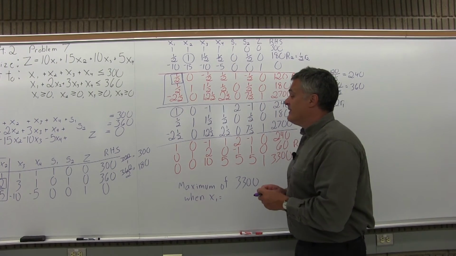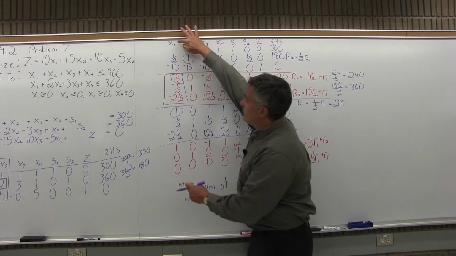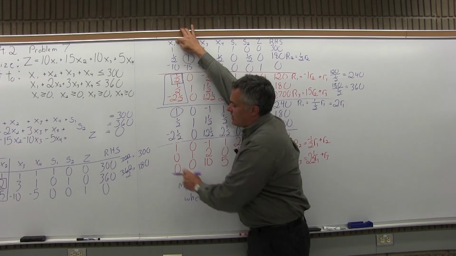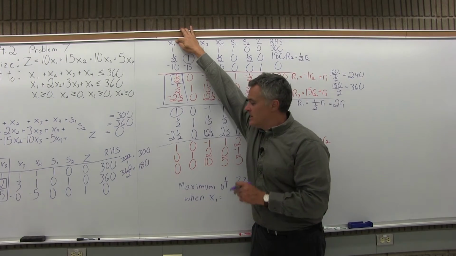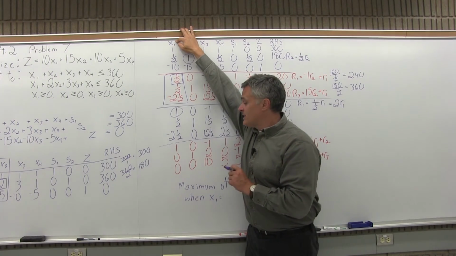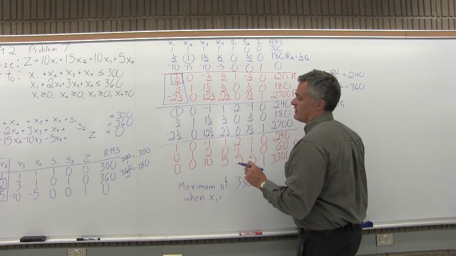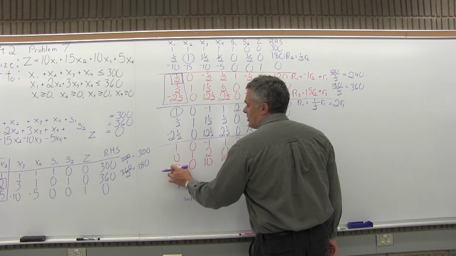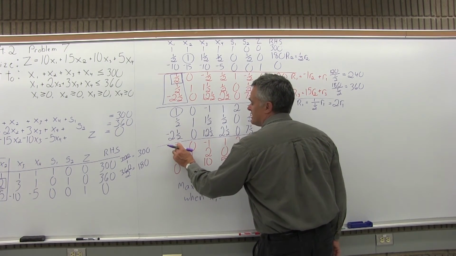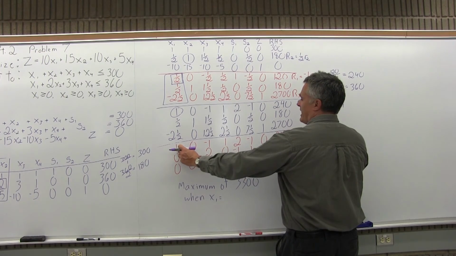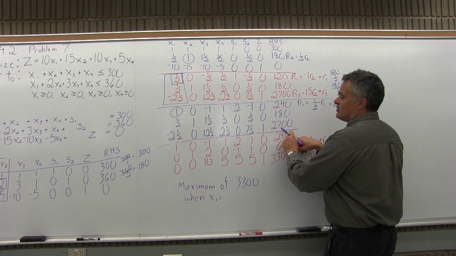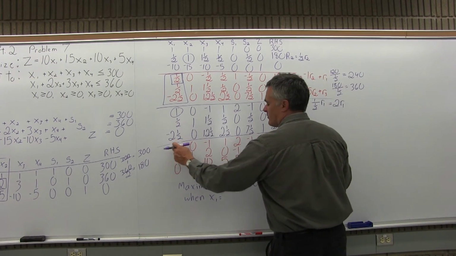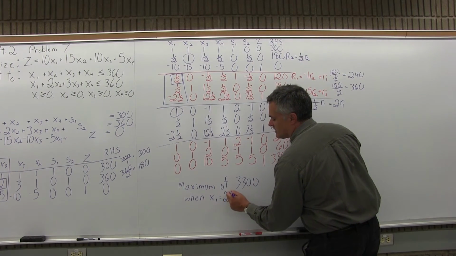Now, in the x1 column of my final tableau, I do have a special column of all zeros and a single 1. So the x1 variable does have a non-zero value. The 1 in that special column in the x1 column is in the top position. So as I look over at the RHS column in the top position, I see 240. So 240 is what x1 equals.